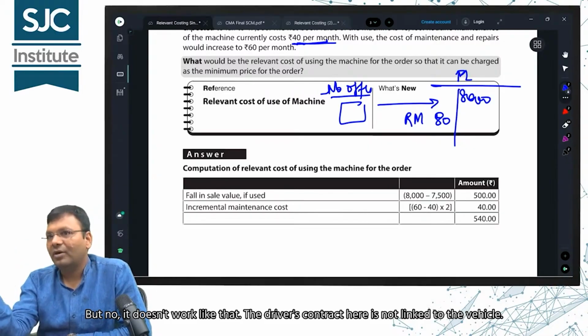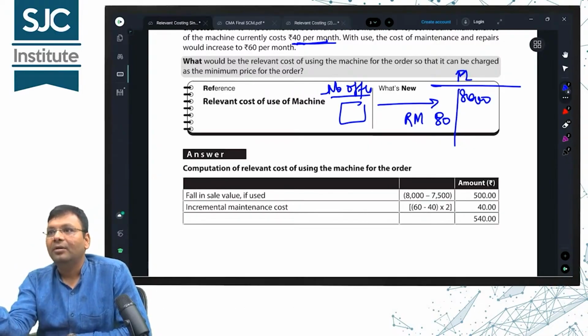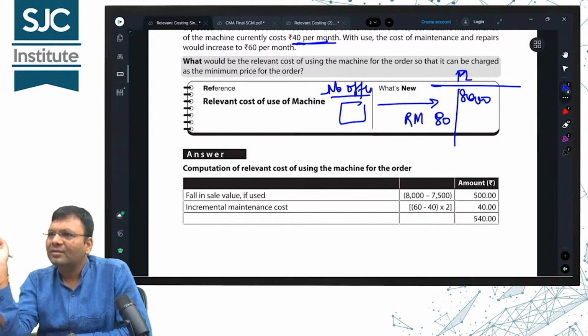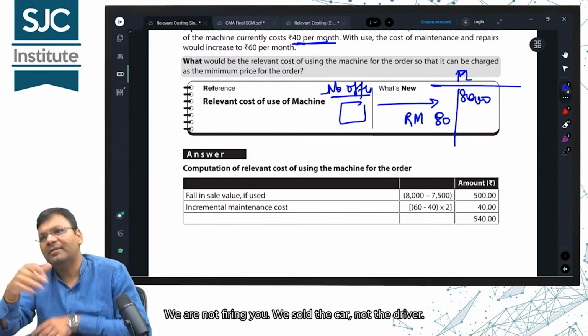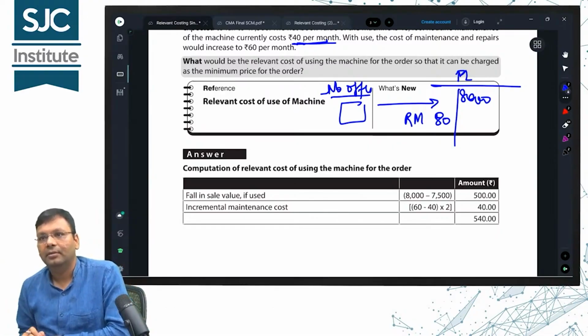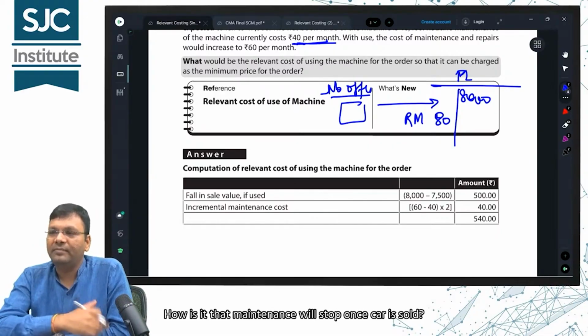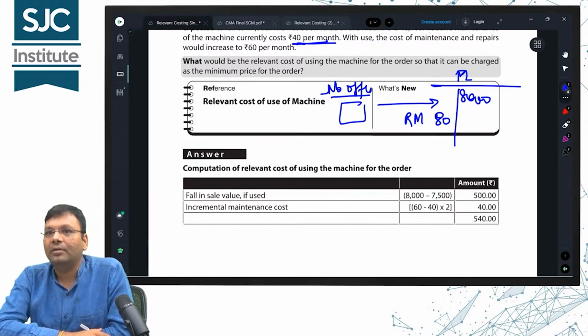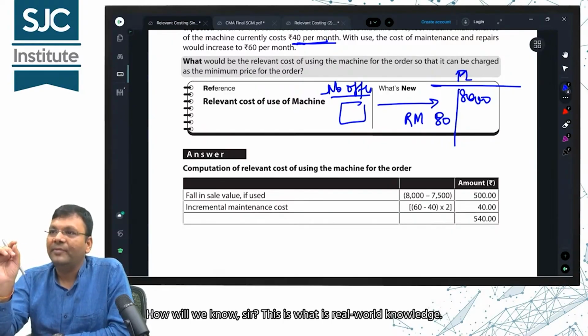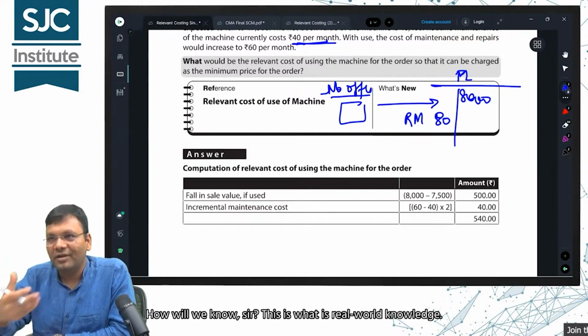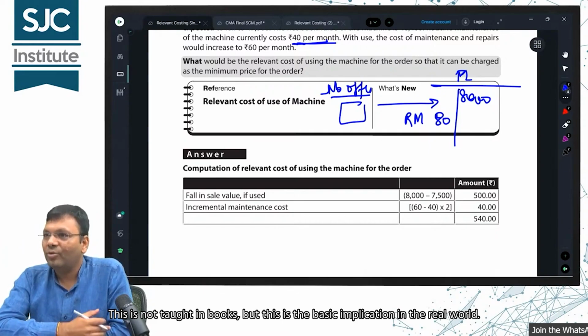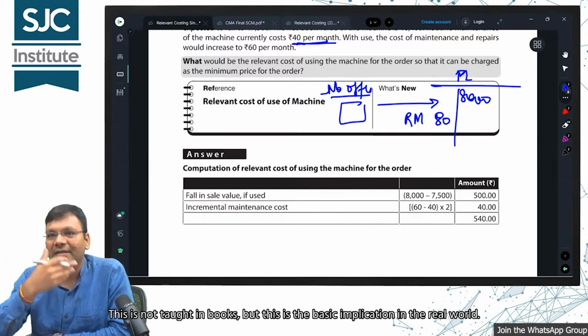The driver's contract here is not linked to the vehicle. We will tell him to do some other work for now. We will buy a new car, right? We are not firing you. We sold the car, not the driver. How is it that maintenance will stop once car is sold? How will we know, sir? This is real world knowledge. This is not taught in books, but this is the basic implication in the real world.